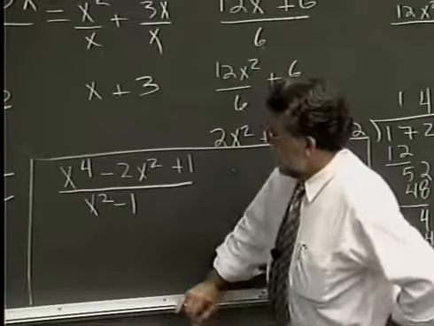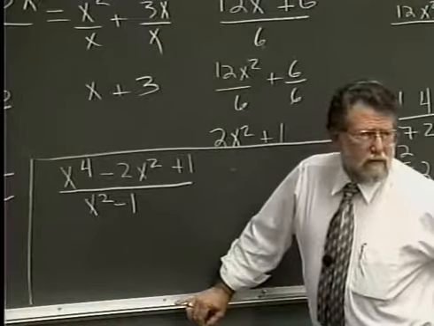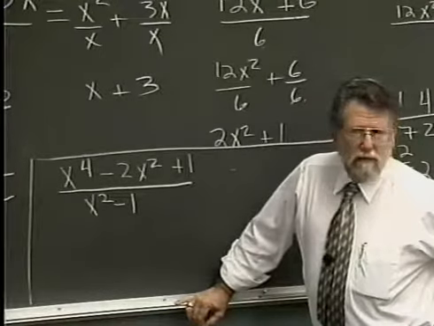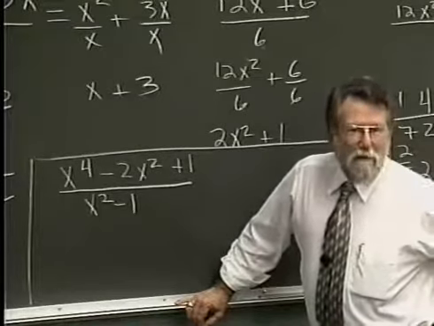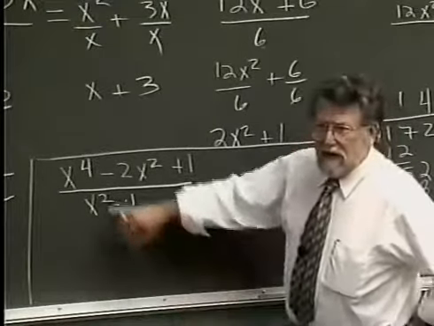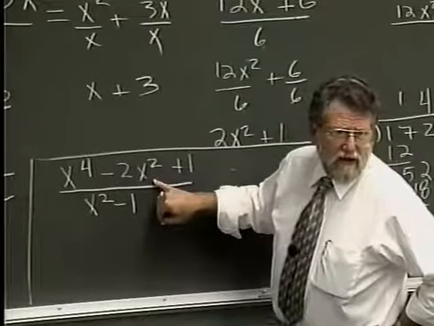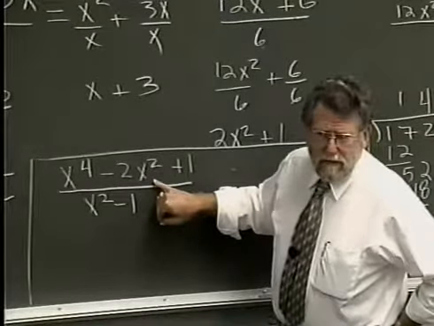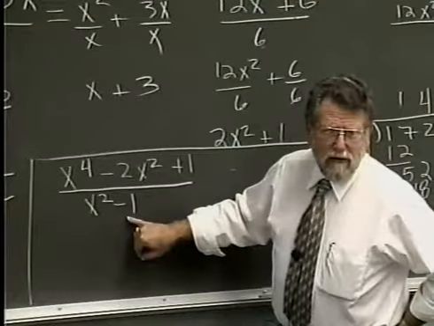Now, do you know what, in fact, yeah, we'll do that. Do you know what the answer is? x squared minus 1, because this is a perfect square trinomial. It's x squared minus 1 quantity squared. So if I divide it by x squared minus 1, I should get x squared minus 1.